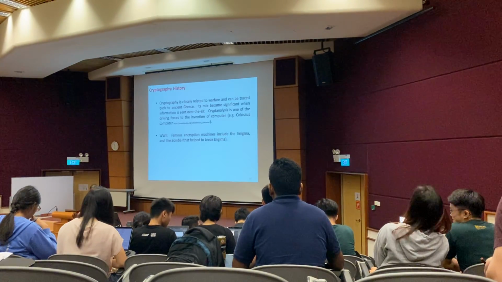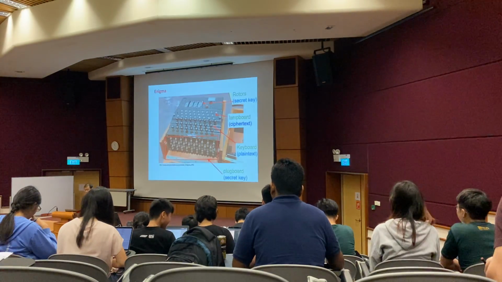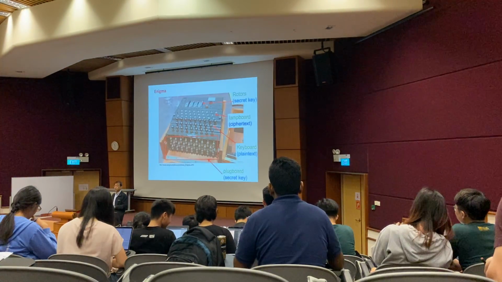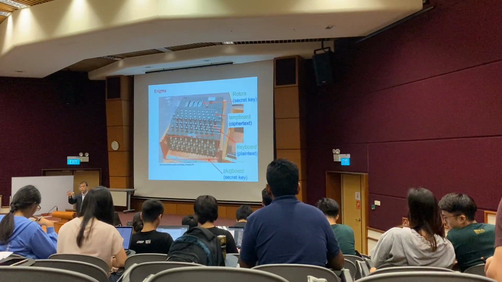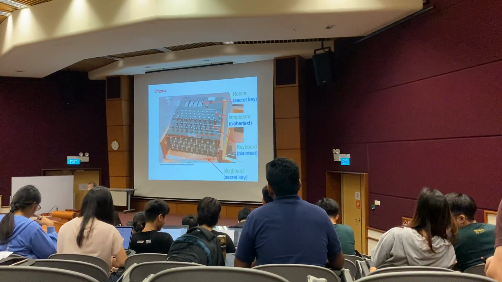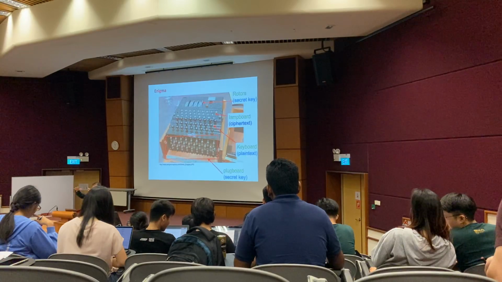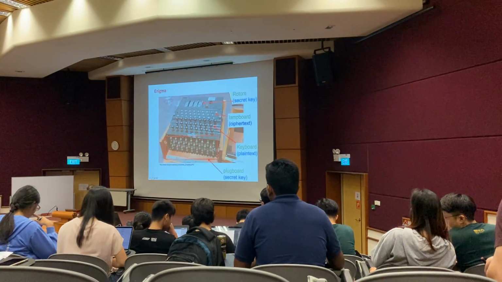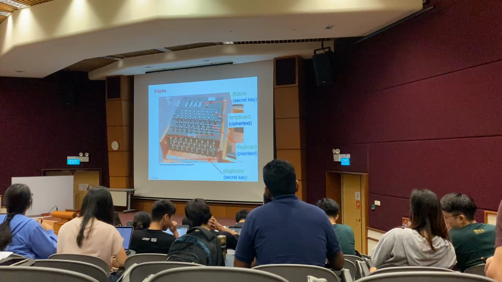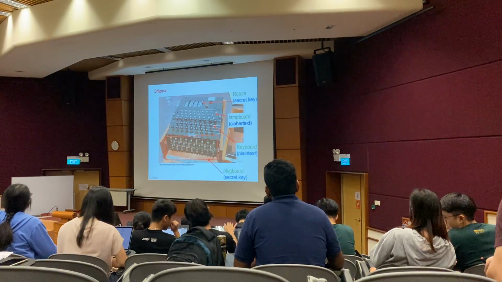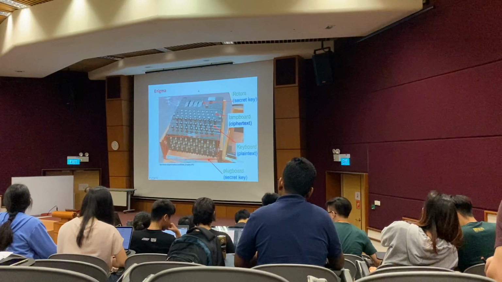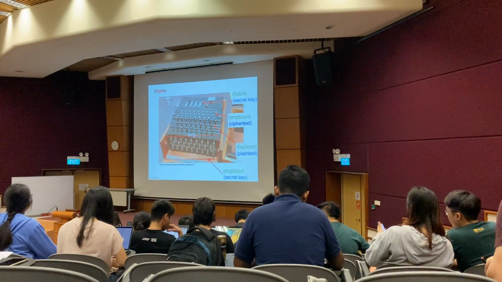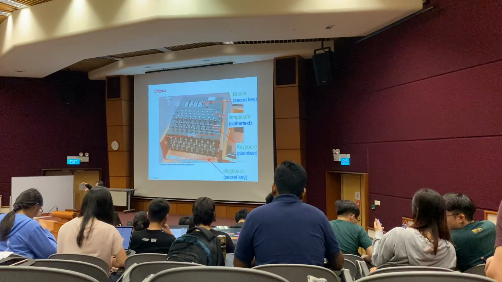This is the one designed by the Germans, the Enigma, which has a great influence on the design of modern cryptography. This machine has a keypad where you key in your plaintext, a rotor and a plugboard where you set the secret key.